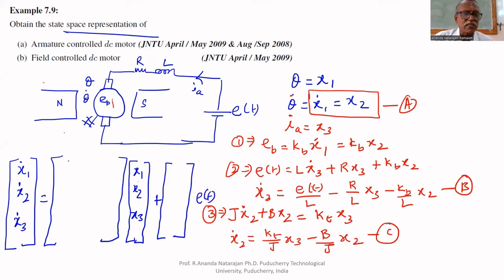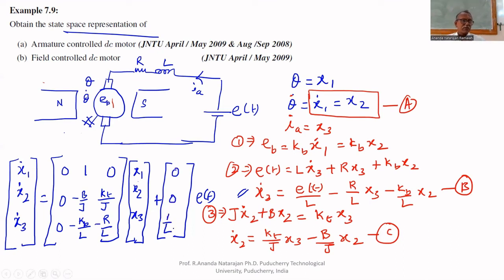So x1 dot equal to x2 gives the first row: 0, 1, 0. x2 dot gives the second row: 0, minus B by J and KT by J. x3 dot has no x1, that's why 0, and then the x2 coefficient is minus KB by L, and the x3 coefficient is minus R by L. The E of t appears in the third equation only, not in the first or second equation, and its coefficient in the third is 1 by L. That's all.